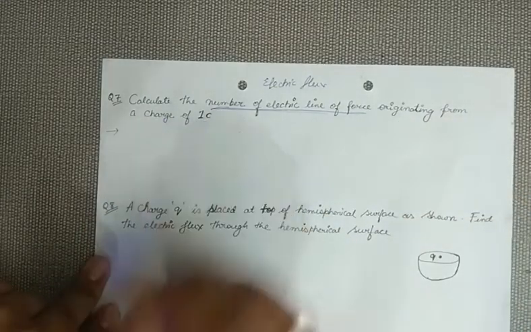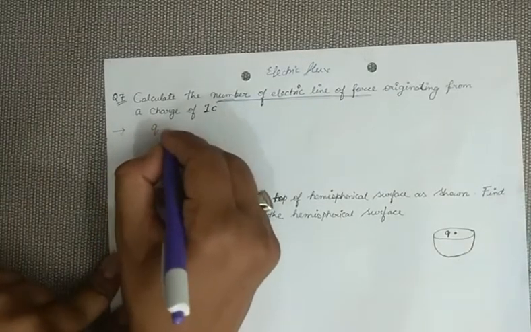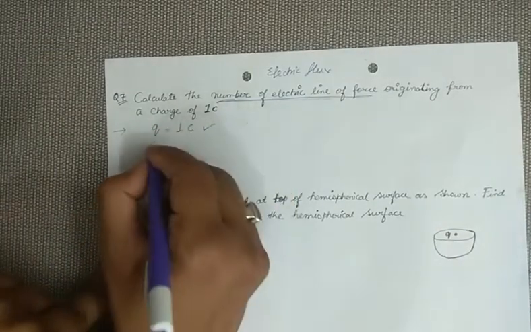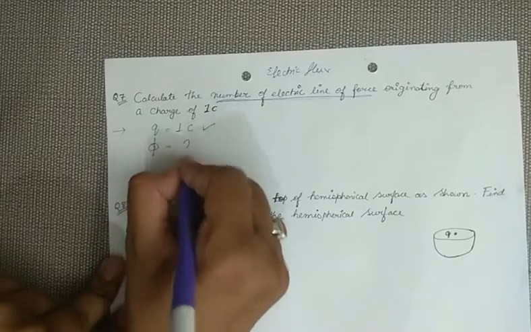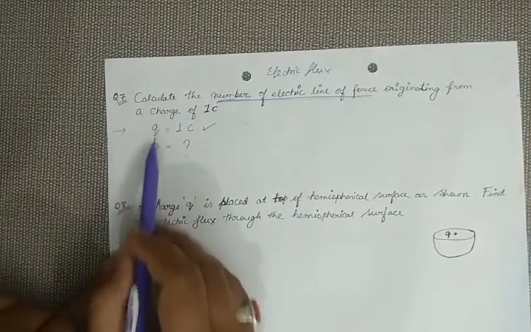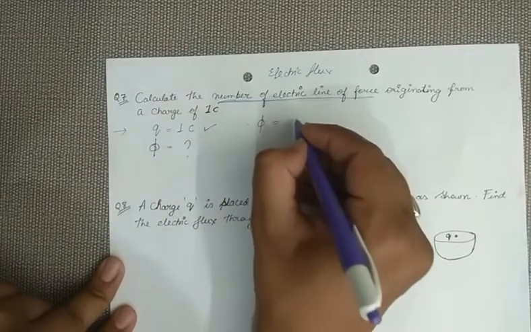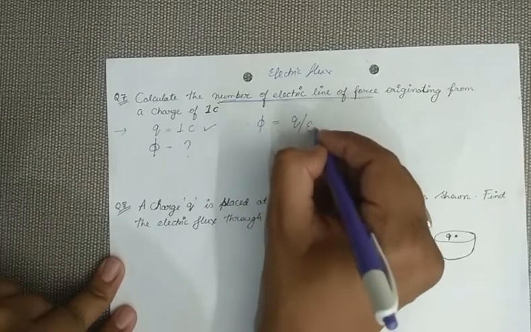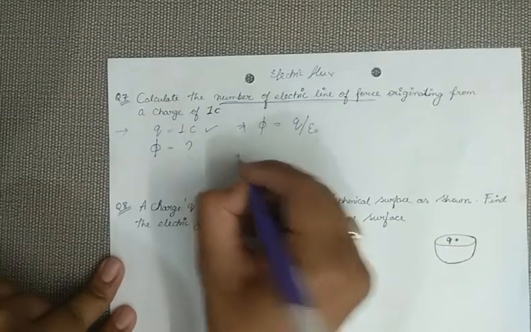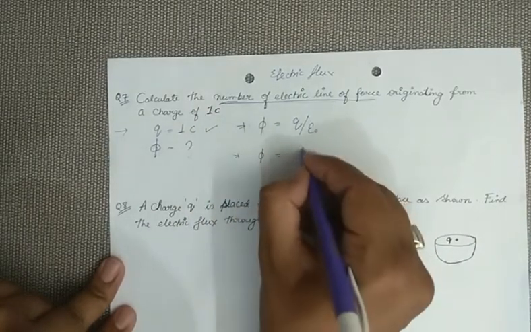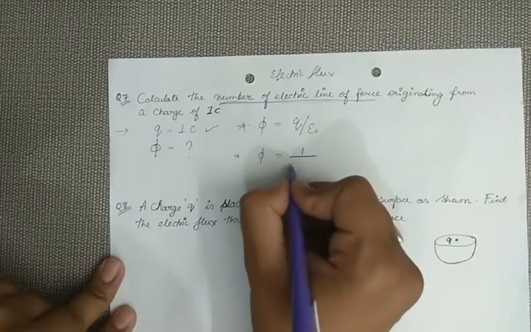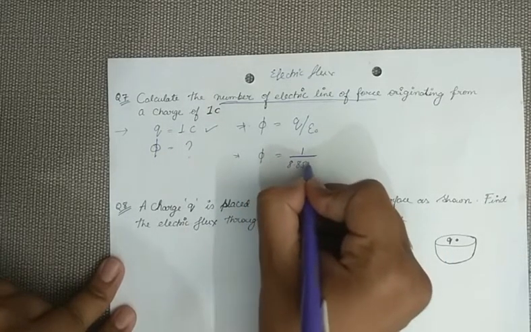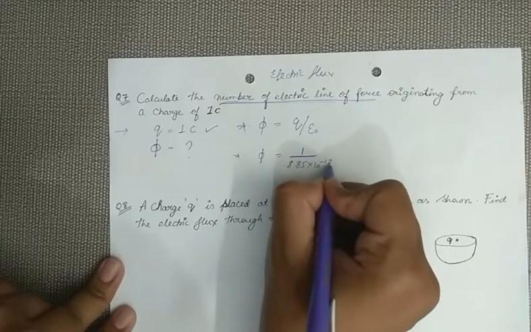And in the question they have given the charge, which is 1 coulomb, and they are asking you to calculate the flux. So only one relation is there: phi equals Q by epsilon naught. They are asking for phi, the value of charge is 1, and the value of epsilon naught is 8.85 times 10 raised to power minus 12.